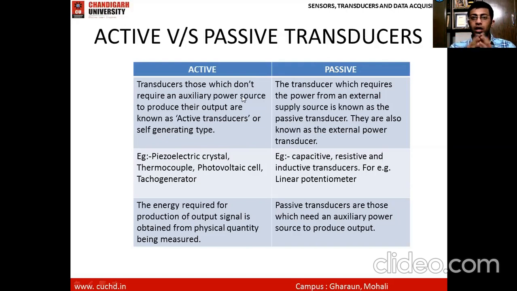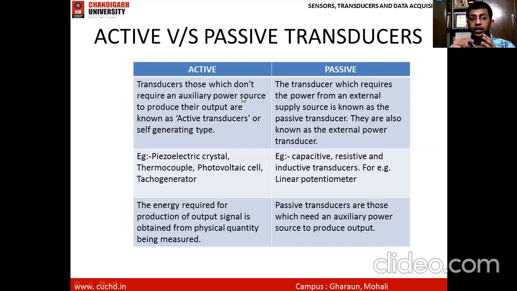Thermocouples are another type of temperature sensor which fall in this category, the active transducers, which convert the temperature difference between the two ends into an output potential difference without needing any power supply. Piezoelectric crystal we have just seen. Examples of passive transducers: potentiometers, simplest example, they require a voltage to operate. We have seen LVDT in the previous slides.